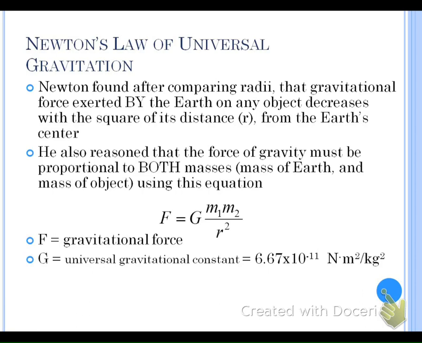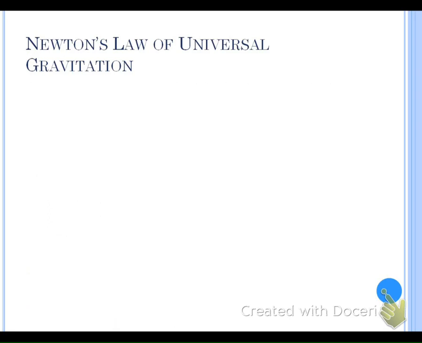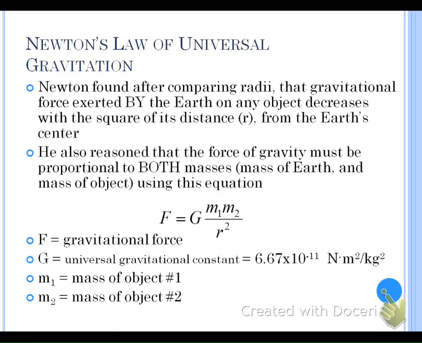M1 and M2 are the masses of each object. One of these might be the mass of the Earth, if that's what you're dealing with, or they could be two objects that are attracting each other. And what do you think R is in this equation? Yeah, radius. I didn't put that on there; we've been over it before.